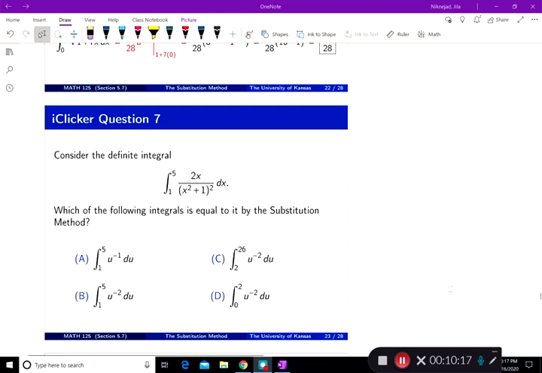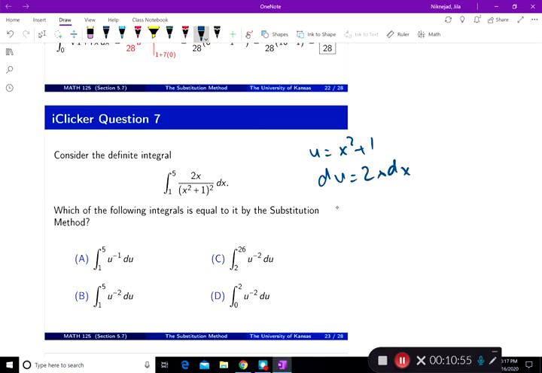Question 7. Consider the definite integral from 1 to 5 of 2x over (x squared plus 1) to the power 2 dx. If you use substitution, which of the following is going to be equivalent? So now that you paused and found the answer, let's go over this. I feel like u should be x squared plus 1, and du should be 2x dx.